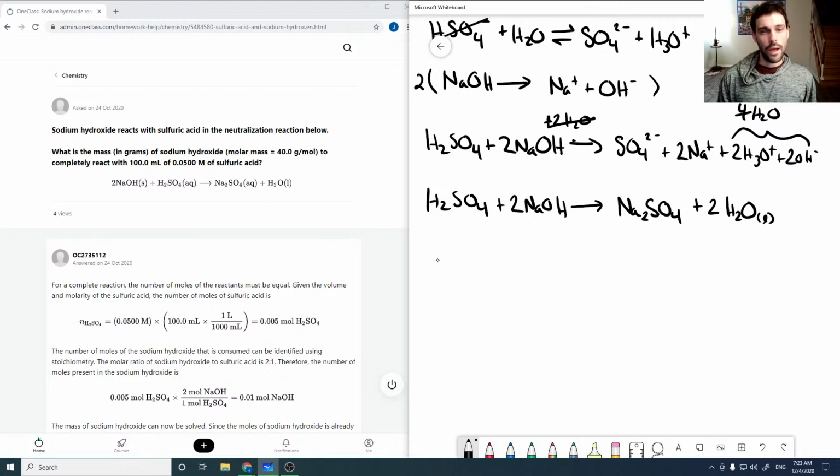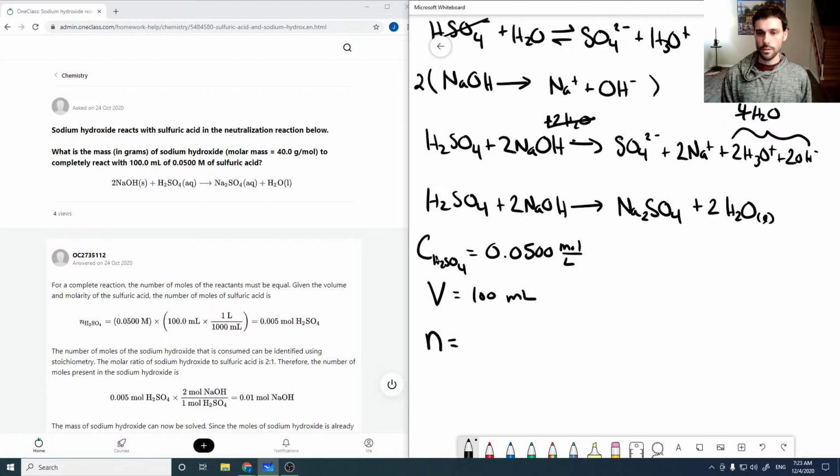Okay, so what is the mass in grams of sodium hydroxide to completely react with 100 mL of a 0.0500 molar sulfuric acid solution? So if our concentration of H2SO4 is 0.0500 molar, so that's moles per liter, and we have a volume of 100 mL, now we can get our moles.